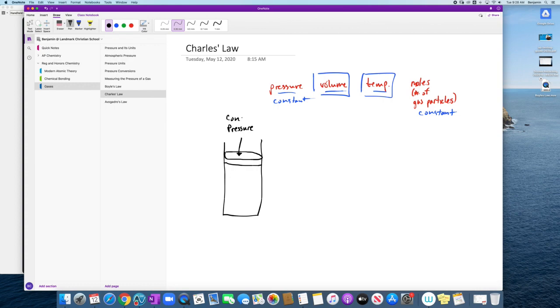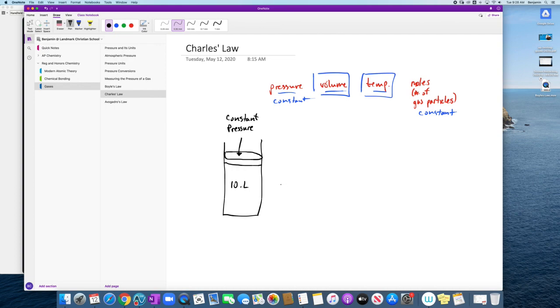So a constant pressure. So this is like a syringe type of thing where it's airtight and you have your sample of gas in here, right? Your gas sample. And so maybe your gas sample is currently occupying 10 liters, okay?